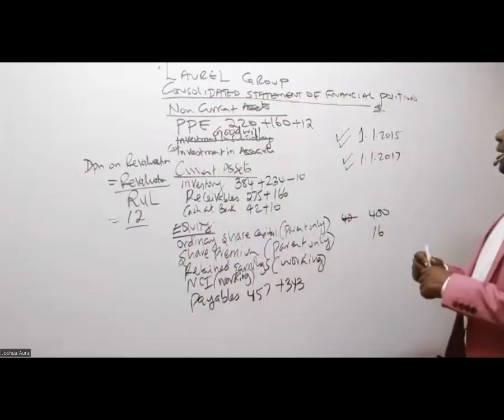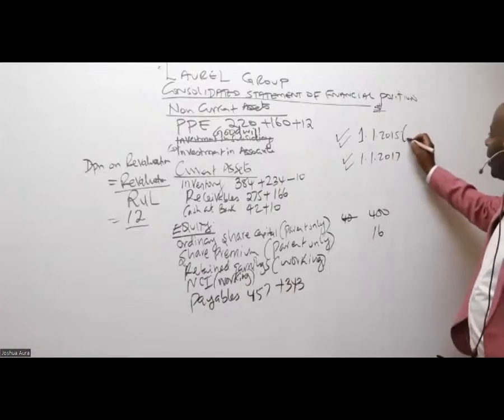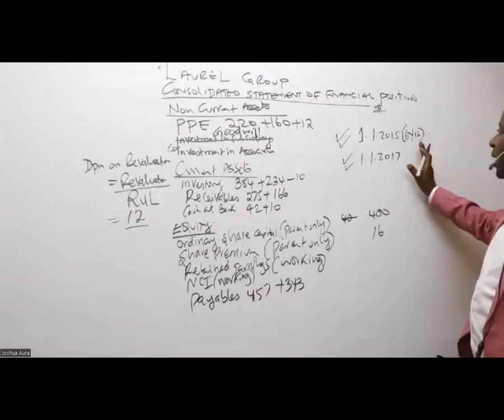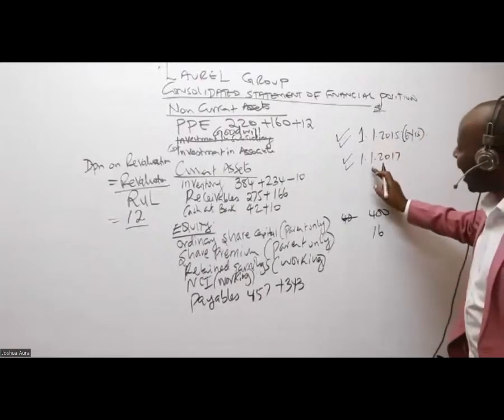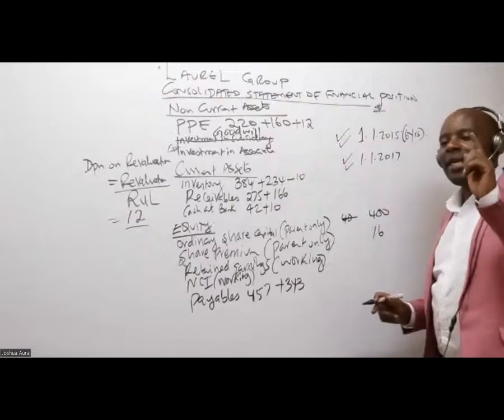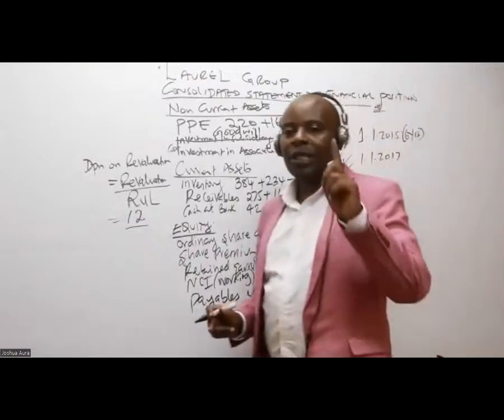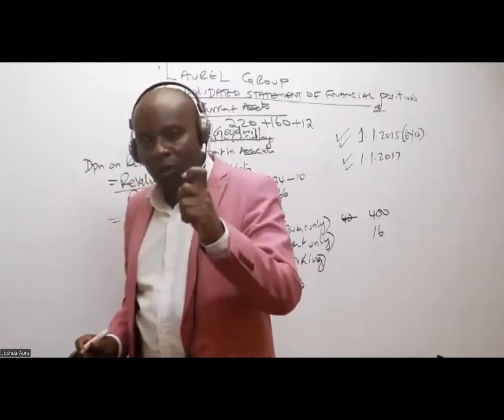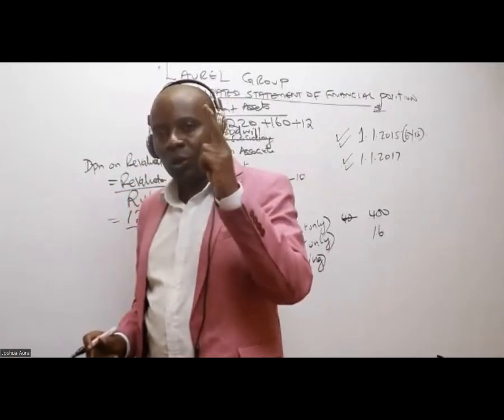So you see, this asset has how many years? The useful life is 6 years. By the time we are revaluing them, how many years have passed? It is 2015, the whole of it, because we started from 1st January, and 2016, the whole of it.